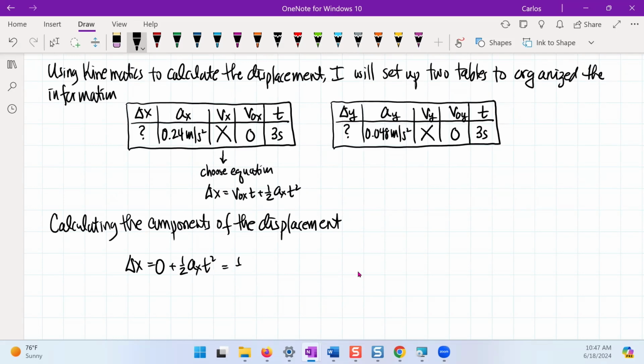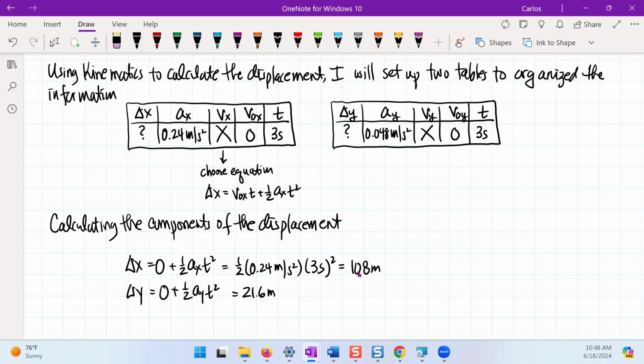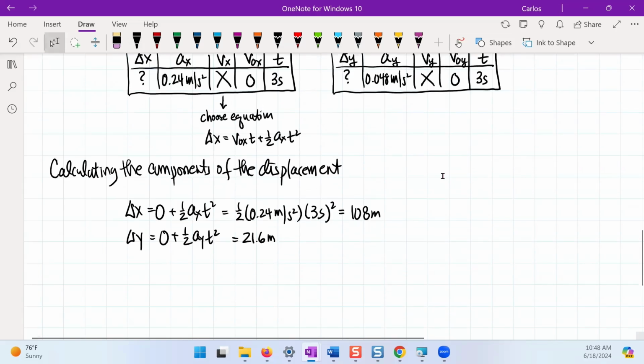So this is going to be 1/2, with an acceleration of 0.24 meters per second squared, and my time is 3 seconds squared. When I compute that, I get 108 meters. If I repeat the exact same calculation for the y, you're going to get a value of 21.6 meters. So now I know the components, I can calculate the displacement.